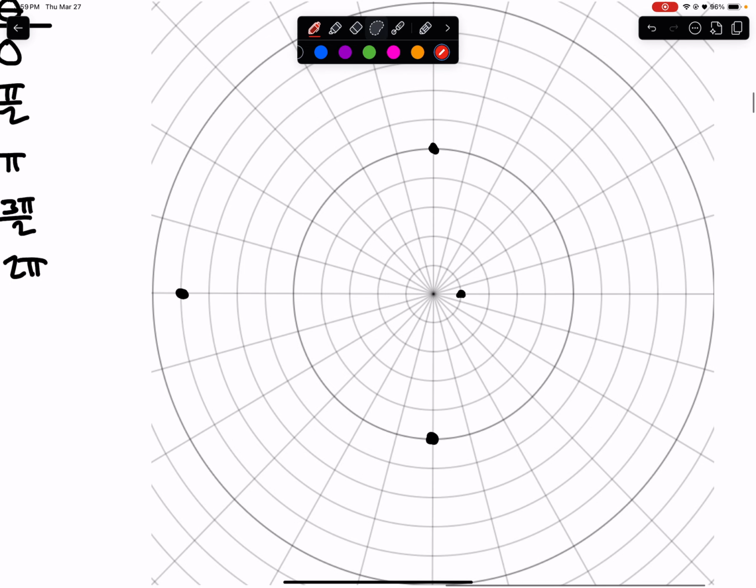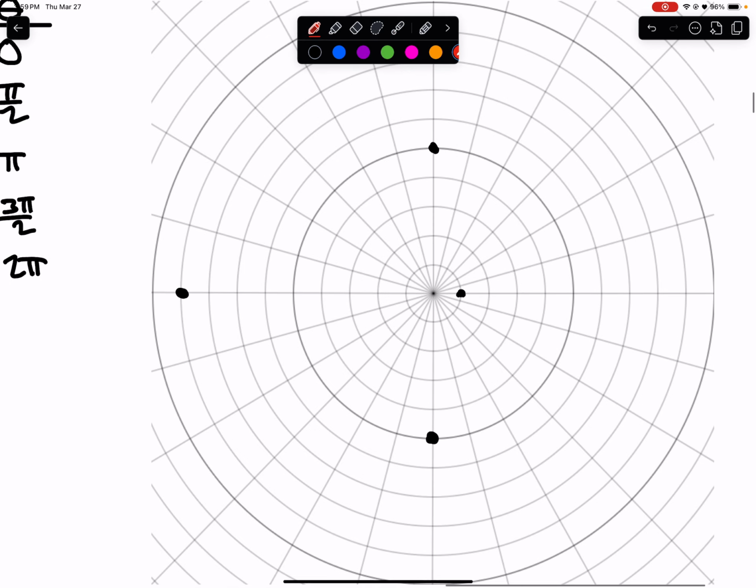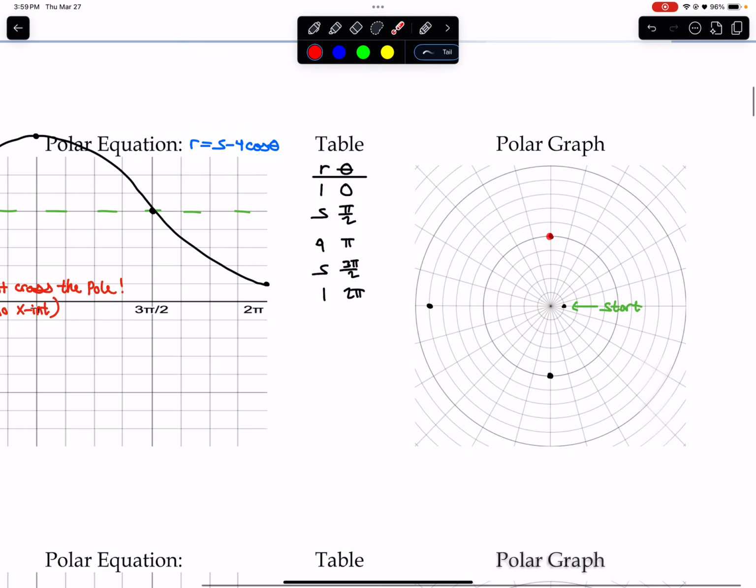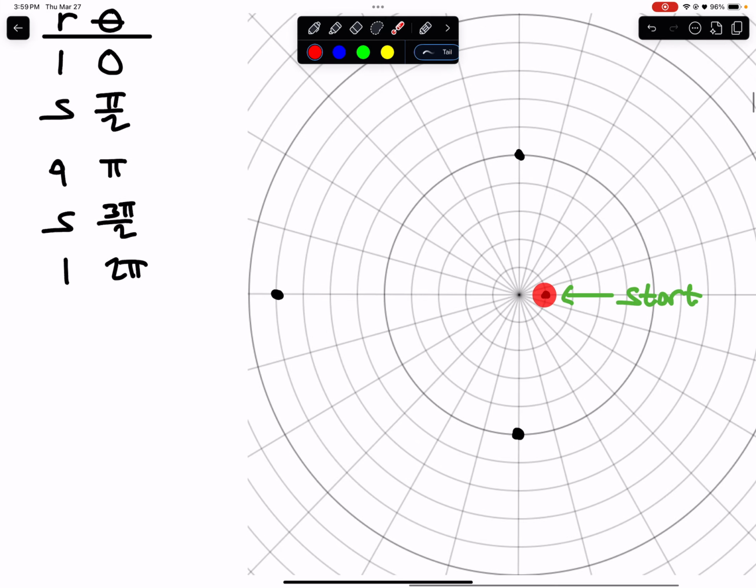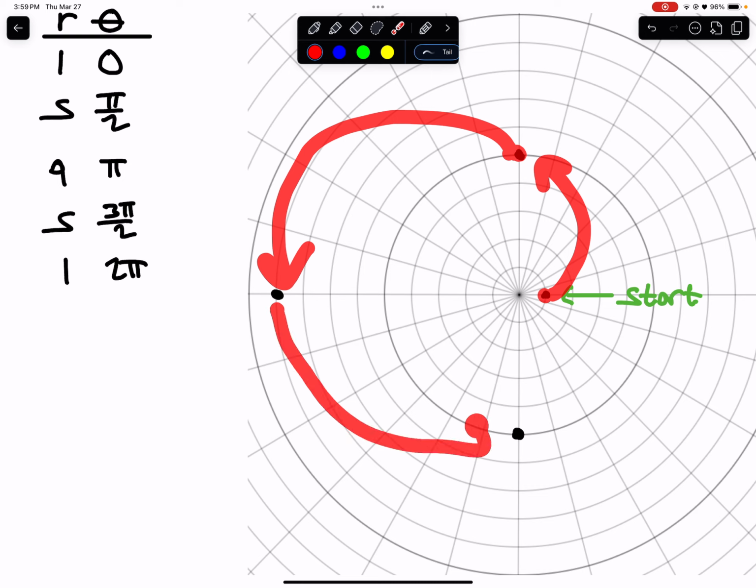So when you draw your graph, we're going to start right at this point, and then we're going to jump up to this point up here. So we're going to circle around, then back down here, and then we're going to come back to the initial point.